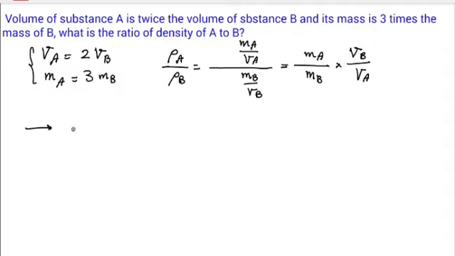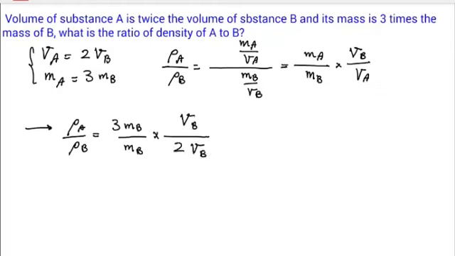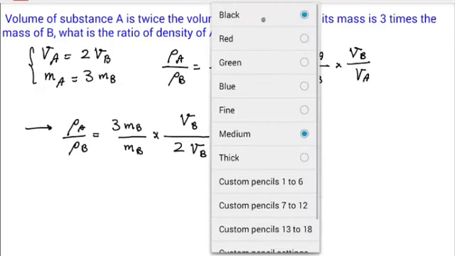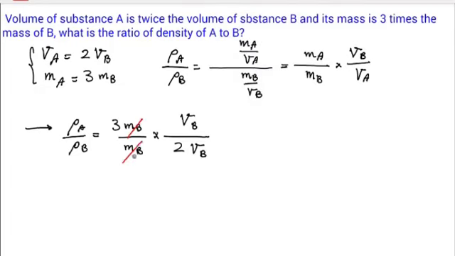So it's equal to, instead of M of A, we write 3 times M of B. And we write M of B itself, times we write V of B itself, and instead of V of A we write 2 times V of B. Now you can find the answer easily. M of B's cancel and V of B's cancel, and what is left is 3 over 2, which is 1.5.